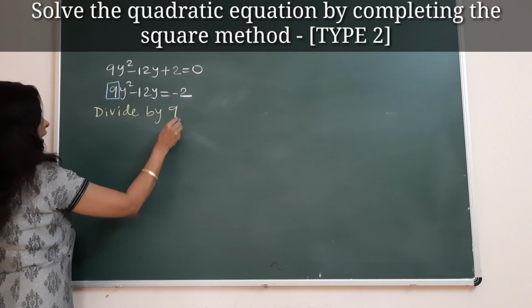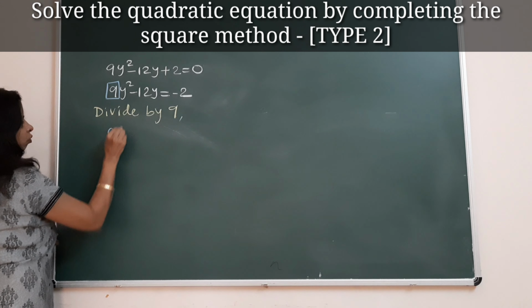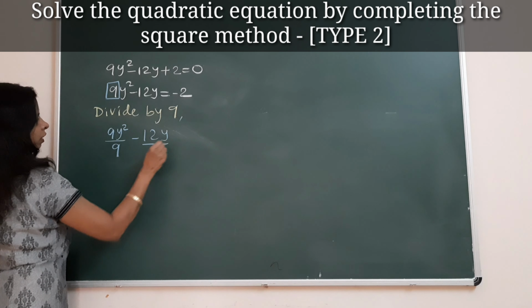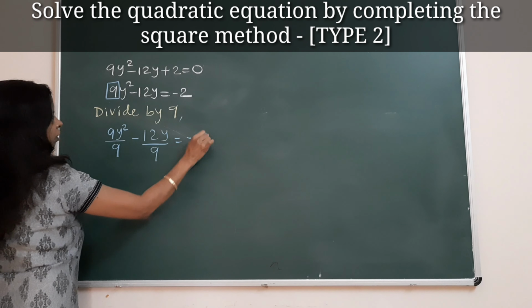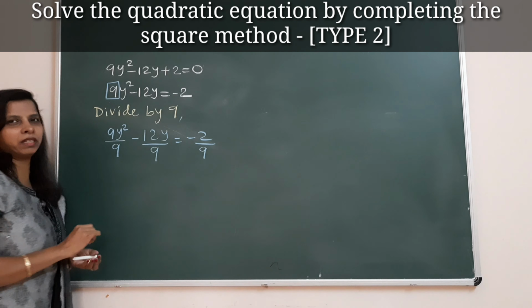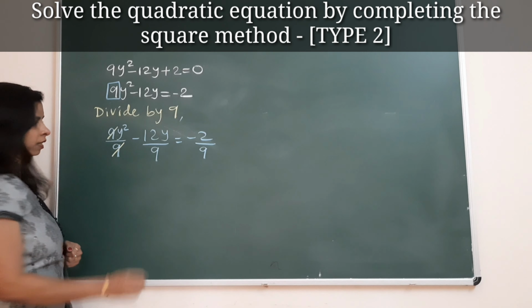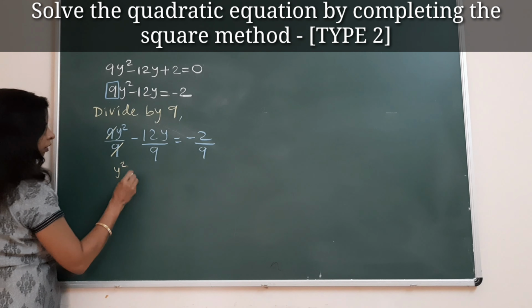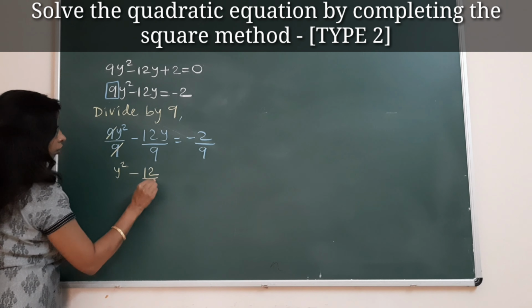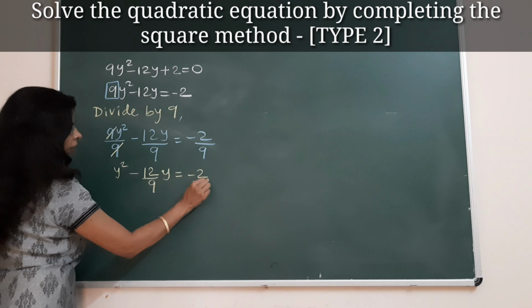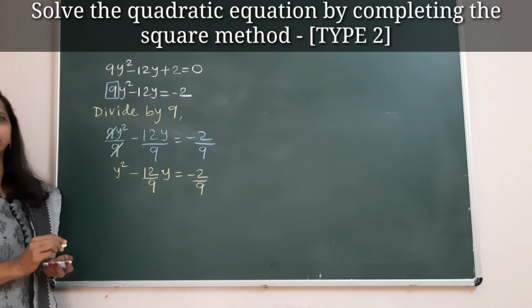So 9y square divided by 9 minus 12y divided by 9 equal to minus 2 divided by 9. If I divide by 9, this 9 will get cancelled. Y square minus 12 by 9 y equal to minus 2 by 9.